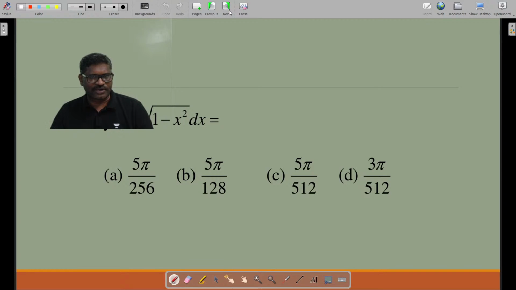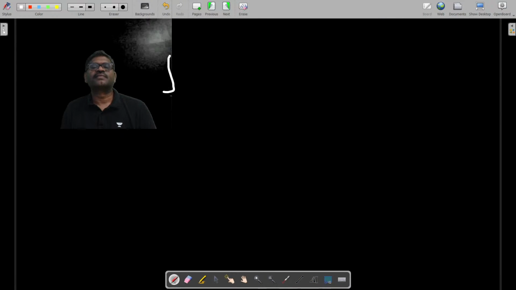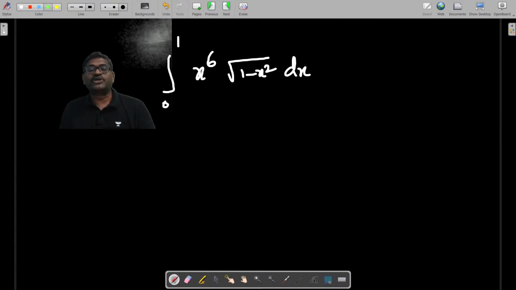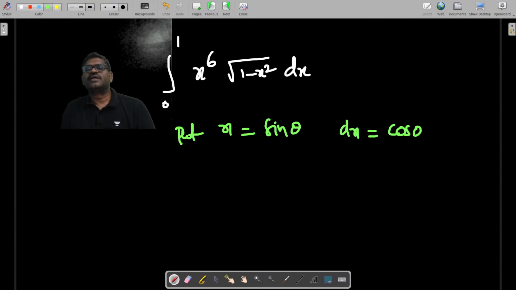Whenever there is square root of 1 minus x square, put x equal to sin theta. dx equal to cos theta d theta.